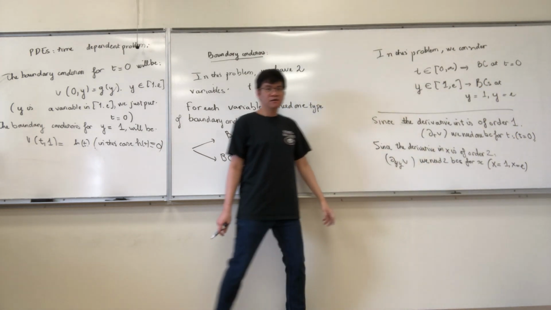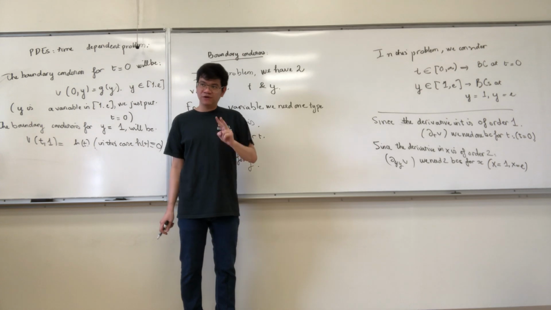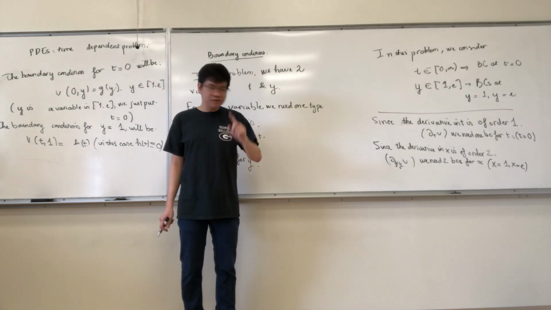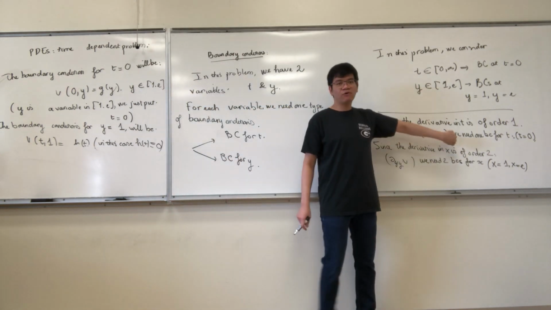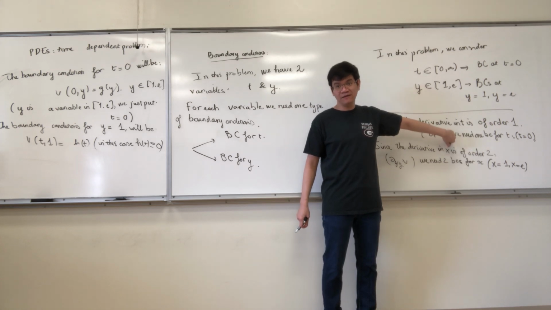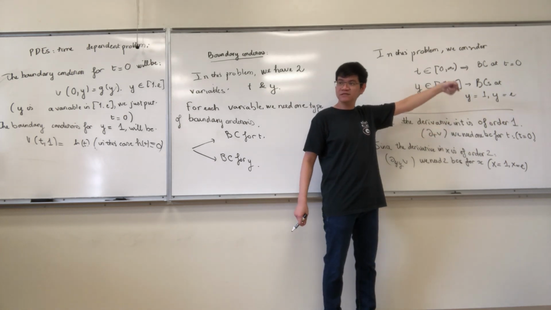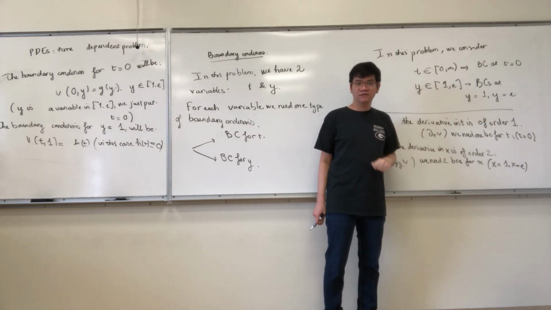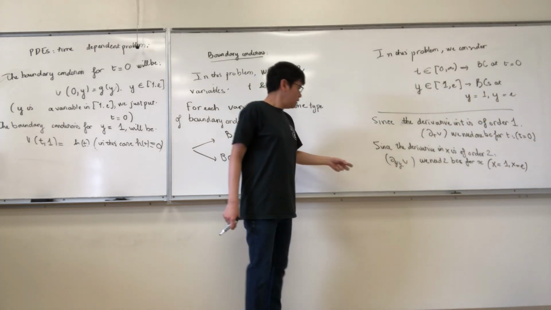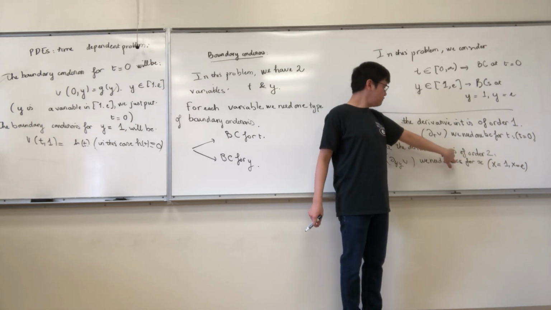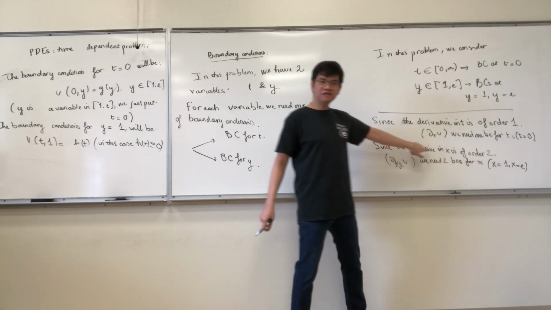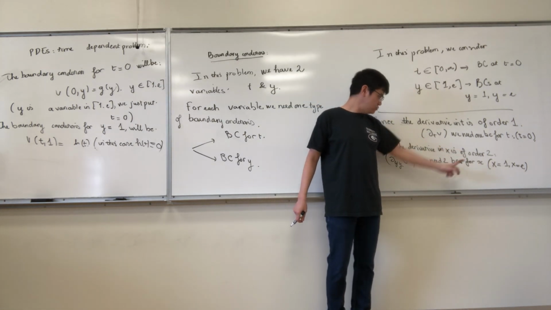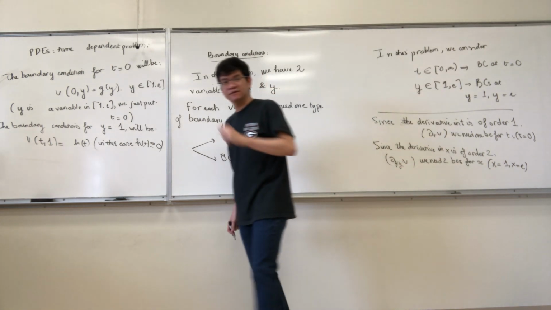So why do you need only 1 boundary condition for t? This is because you have only 1 derivative in t. If you have 2 derivatives in t, then you're going to have 2 boundary conditions for t. Because the derivative in x is of order 2, you need 2 boundary conditions for x.